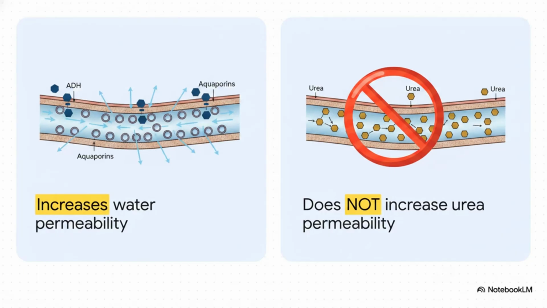This brings us to another classic high-yield physiological concept, the differential effect of ADH. In the cortical and outer medullary collecting ducts, ADH acts to significantly increase water permeability by inserting aquaporin channels. But, and note this carefully, ADH does not increase urea permeability in these specific outer segments. Water can leave, but the urea cannot.